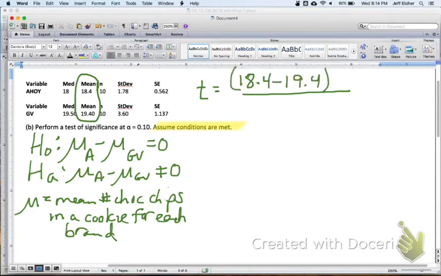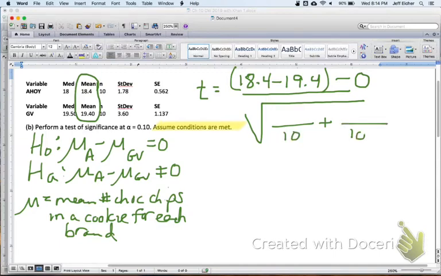That's our difference in sample means, minus the null hypothesis value, which is 0, divided by the mega square root, we saw this on the previous question, of both sample sizes are 10, and the standard deviation is 1.78, and the other standard deviation is 3.6.